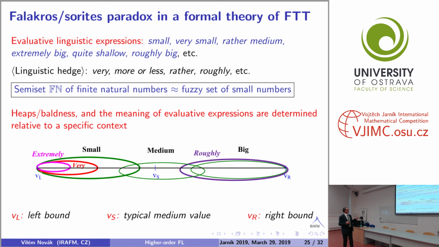So this idea of context relates to real life, because we use the same word, say small, in very many contexts. We can speak about small people, small buildings, small beetles, small planets, small stars, and so on.